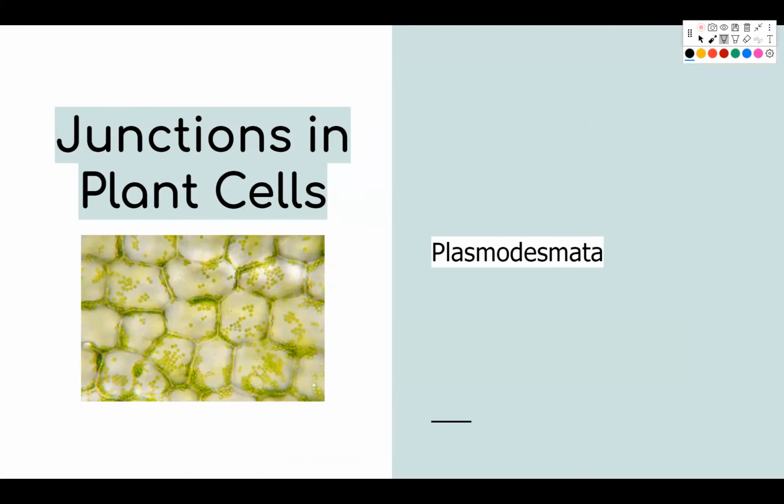All right. So there is one type of junction in plant cells, and they are called plasmodesmata. We've got some fun words coming in here. Plasmodesmata is the one type of junction in plant cells, or at least the one that we're going to talk about. If you don't get the word, it's on the next slide.